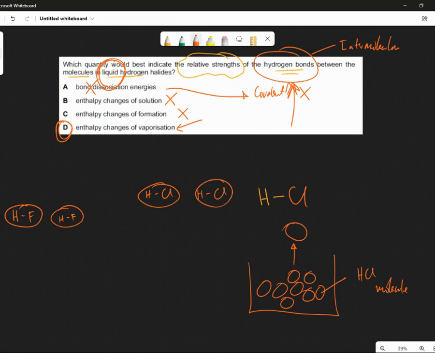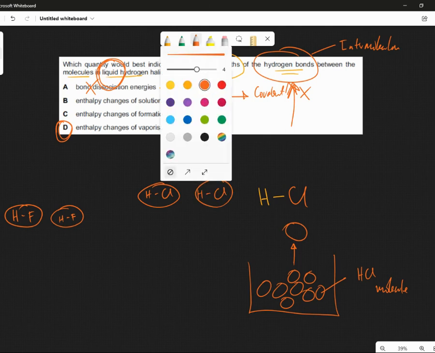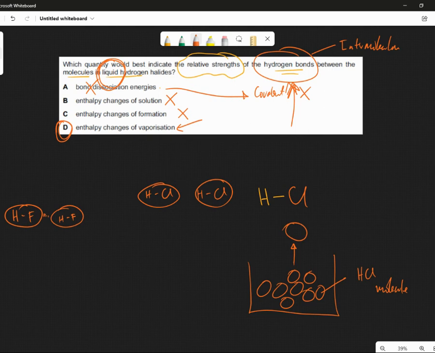Now, what's the hydrogen bonding? The hydrogen bonding is the bonding between the molecules, isn't it? So the first one, bond dissociation energy, doesn't talk about the bond between the molecules. It talks about the bond within the molecule. So A is wrong. Enthalpy change of solution doesn't mean anything because there's no solution here.